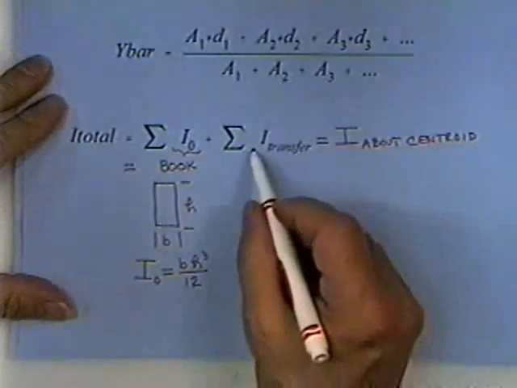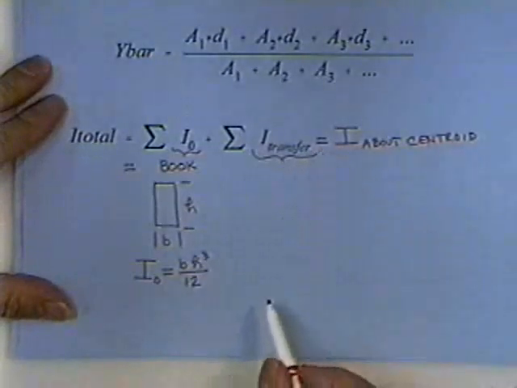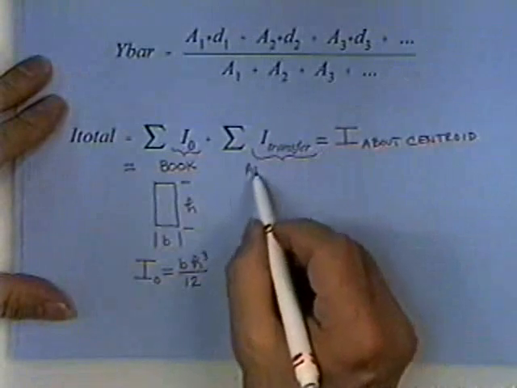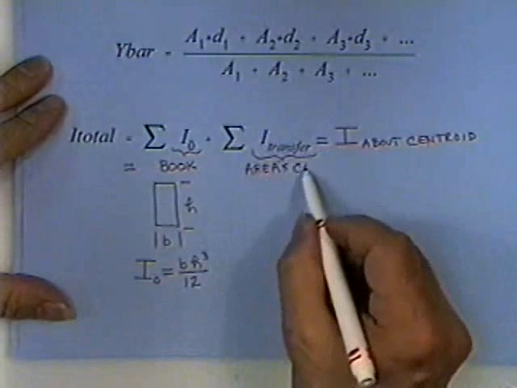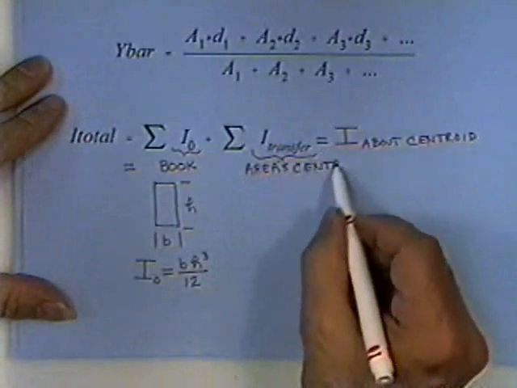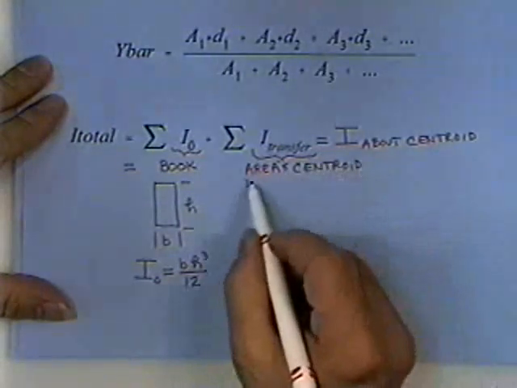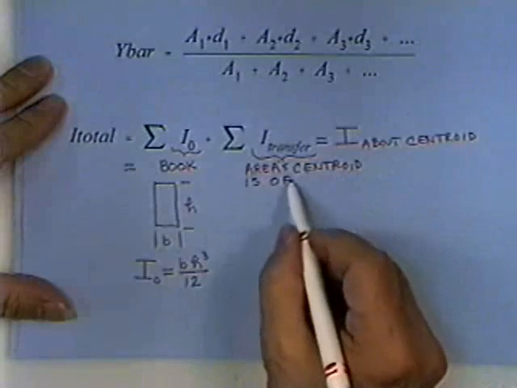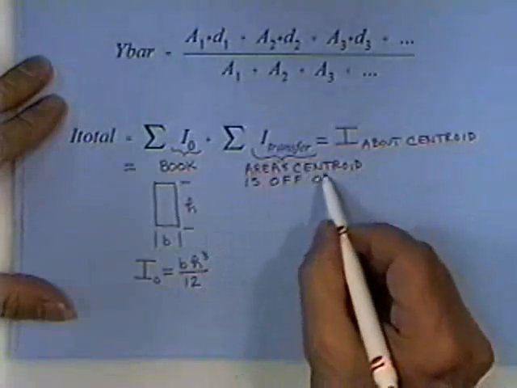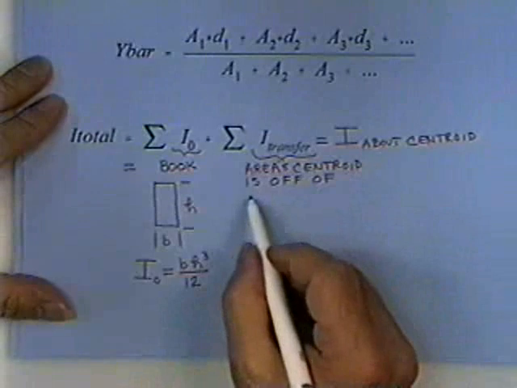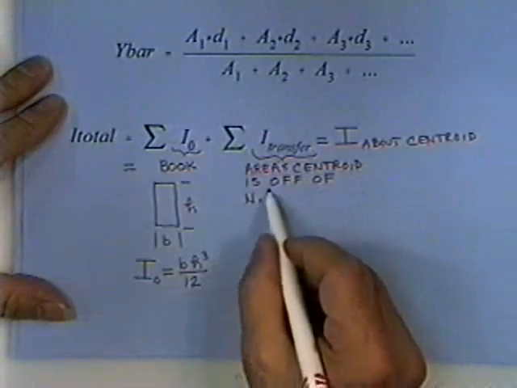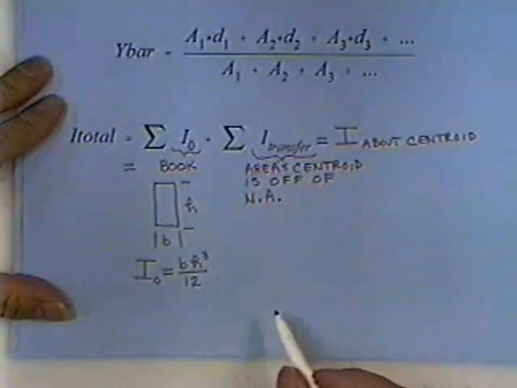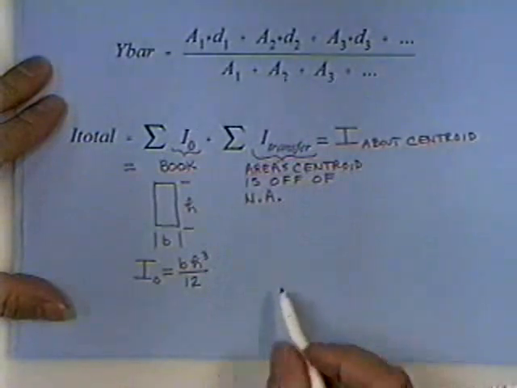Now the transfer moment of inertia: anytime an area's centroid is off of the neutral axis, or the centroid of the entire area that you just found.